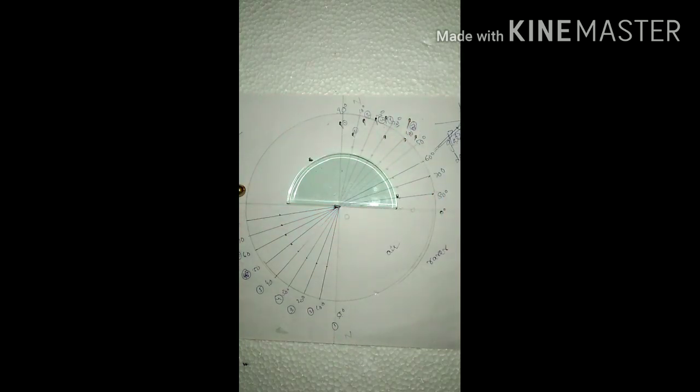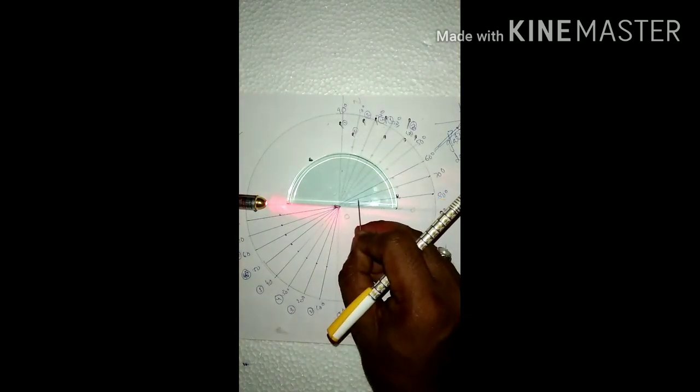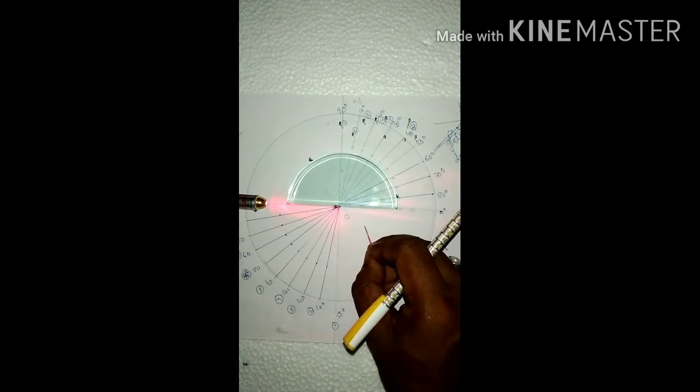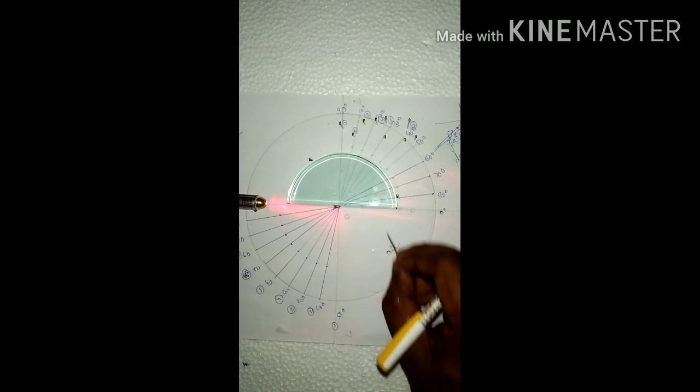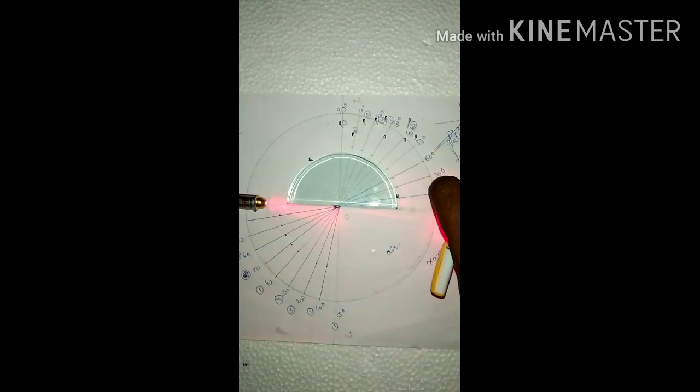Now you consider angle of incidence is 90, means the light ray grazing the interface of air and glass, means it is touching along the surface, then it is not at all deviated.